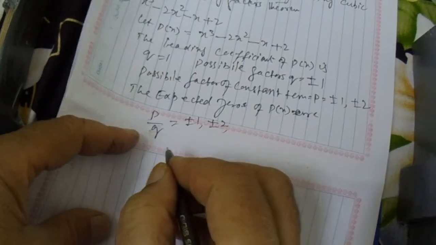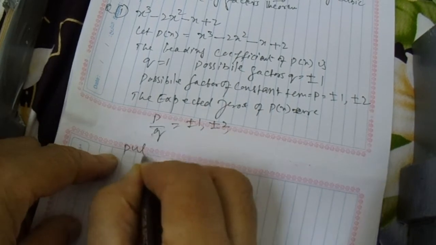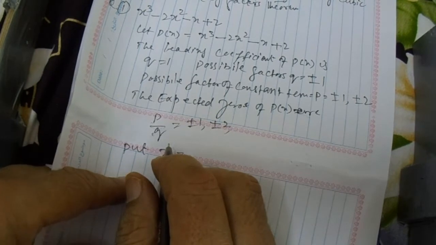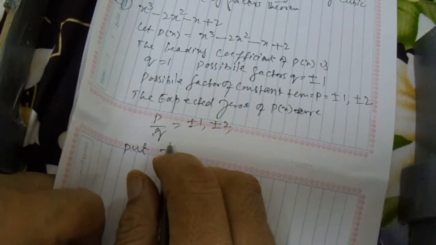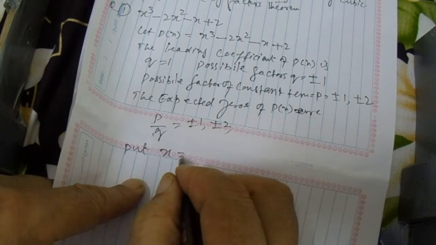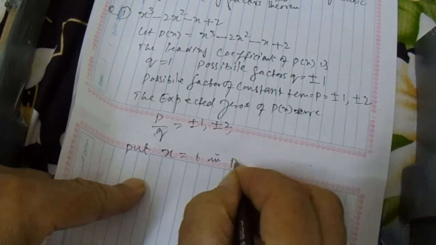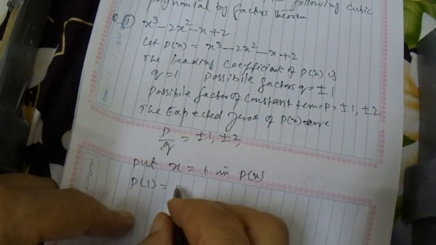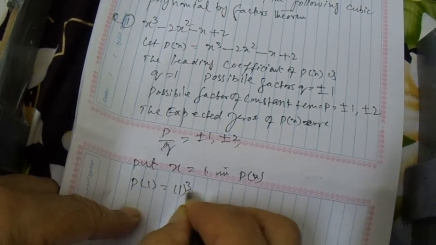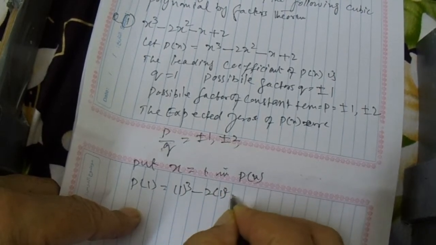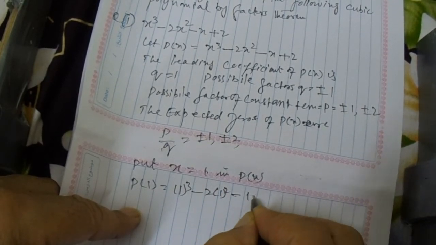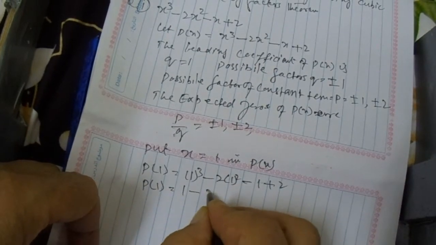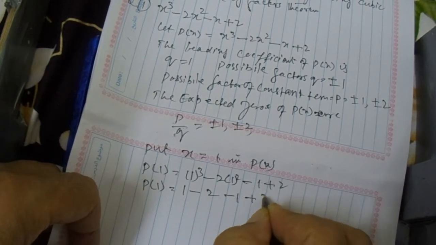Now put x = 1 in p(x). p(1) = 1³ − 2(1)² − 1 + 2 = 1 − 2 − 1 + 2.